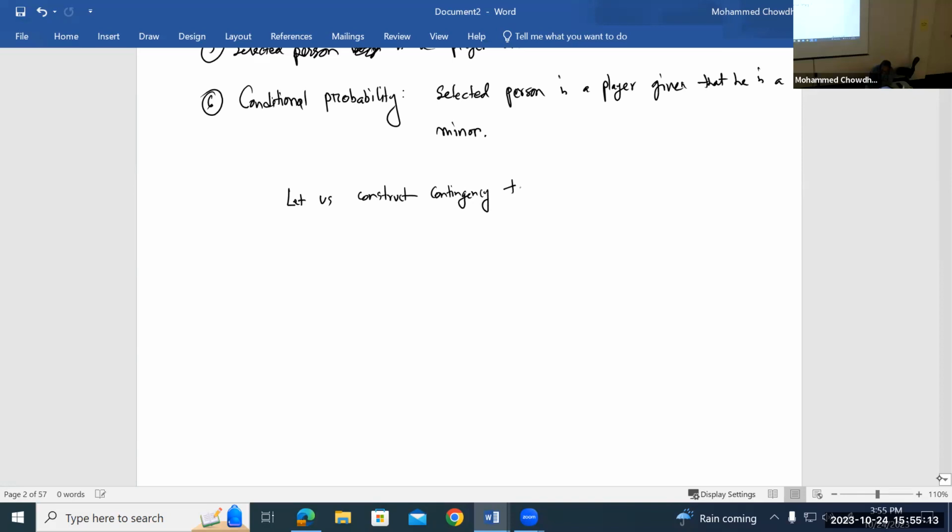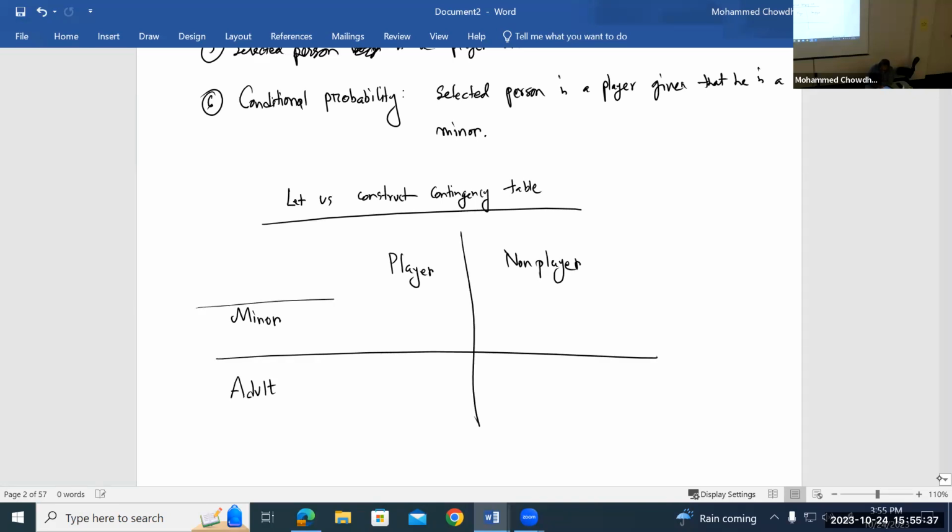So I write here player, and there I put here non-player. I put here minor, and then I put here adult. Then I write like this.